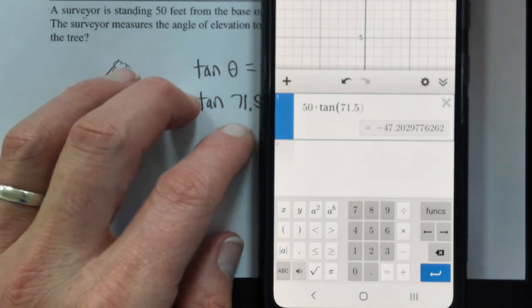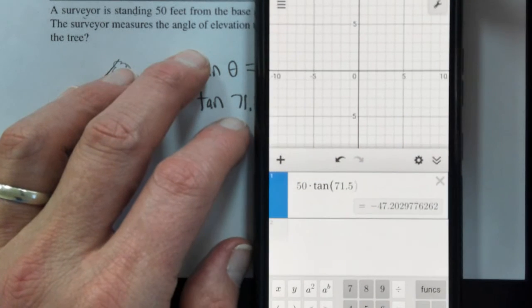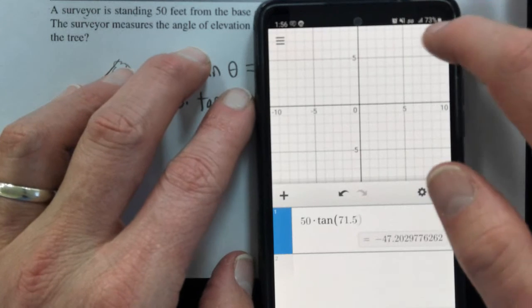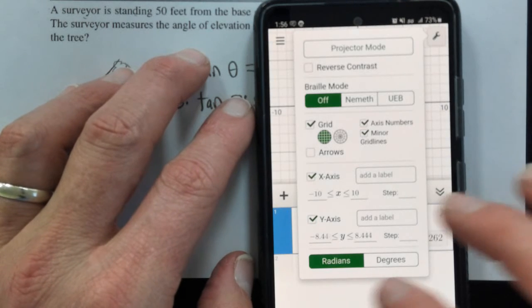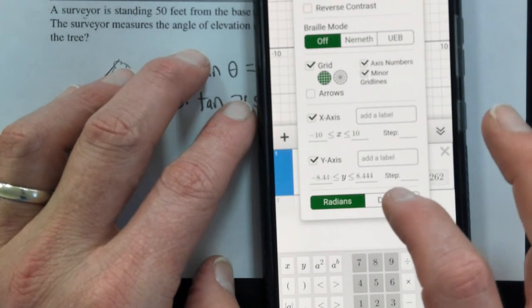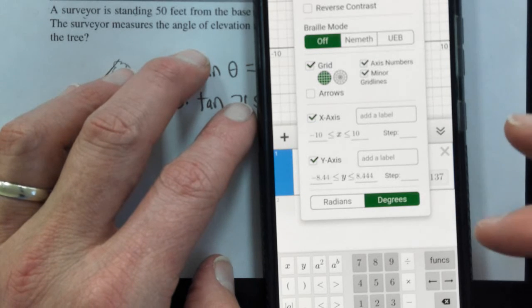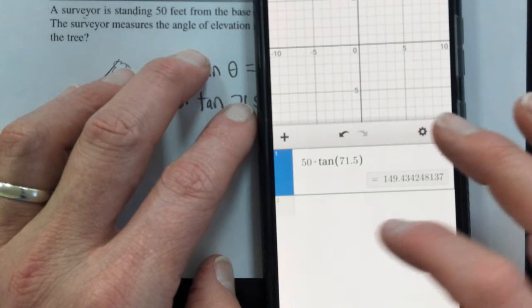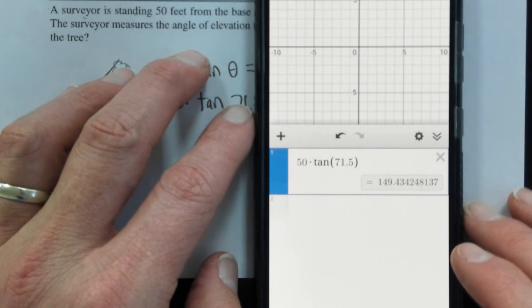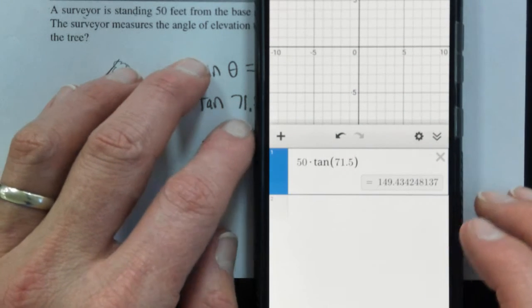And remember, when you start using this calculator, you got to make sure it's set to degrees. So we'll come back up here, and here's where you set it back and forth between radians and degrees, because notice when I was in radians, I got the wrong answer. When I set it back now to degrees, I get the right answer, which is 149.43.